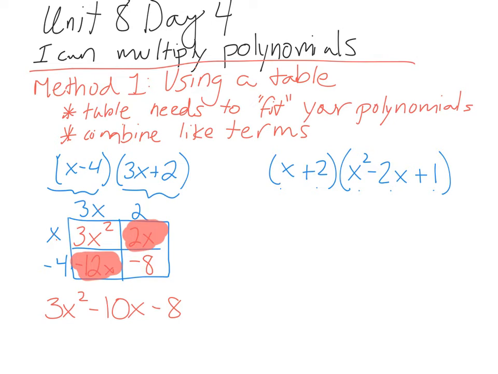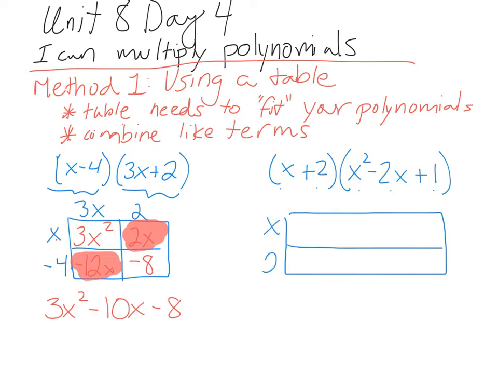So this box is going to look like 2 by 3. I'm making mine exceptionally large. You don't have to. I've got x and 2 on this side because I broke that apart. And over here I've got x squared, that's my first term, negative 2x, second term, and 1.